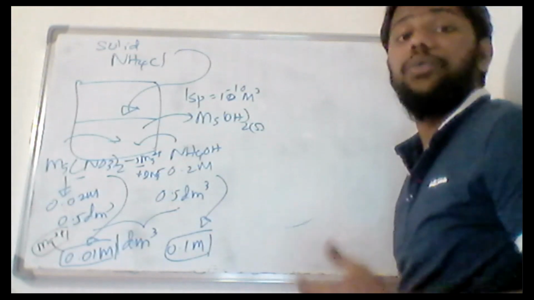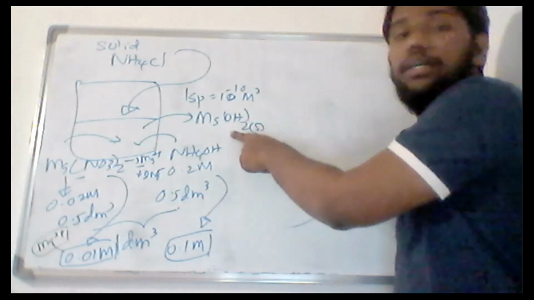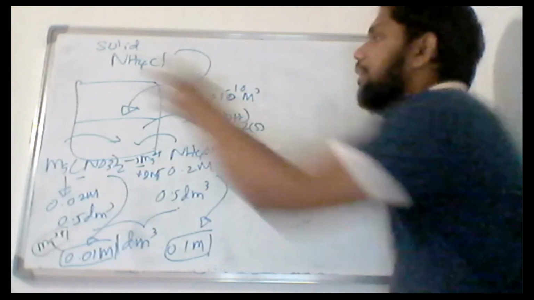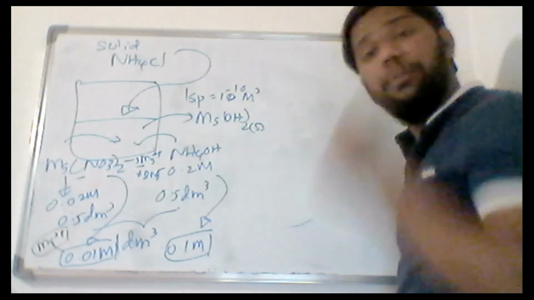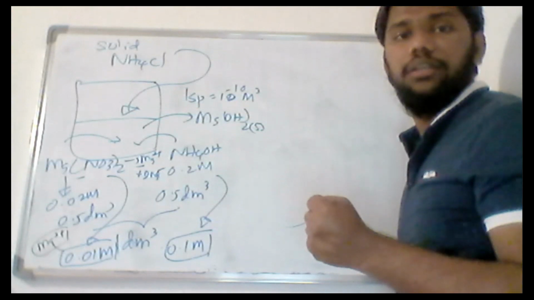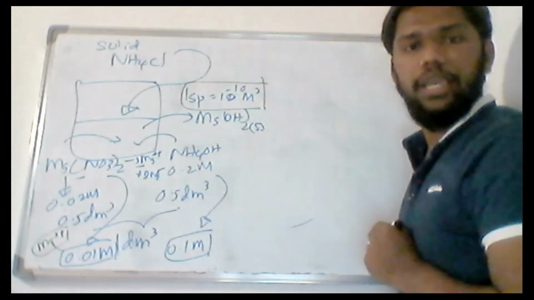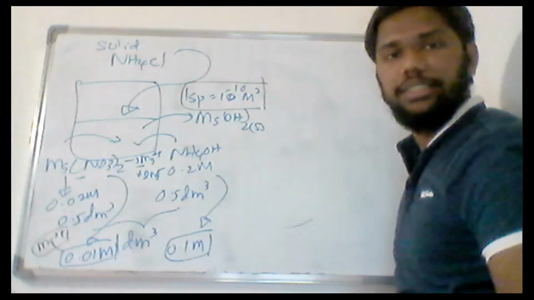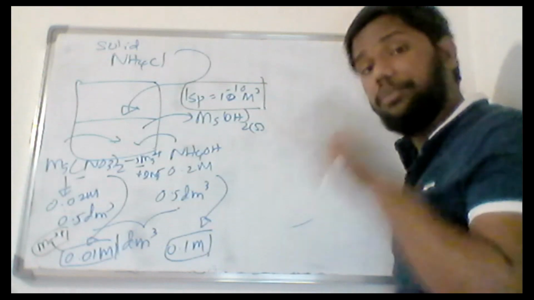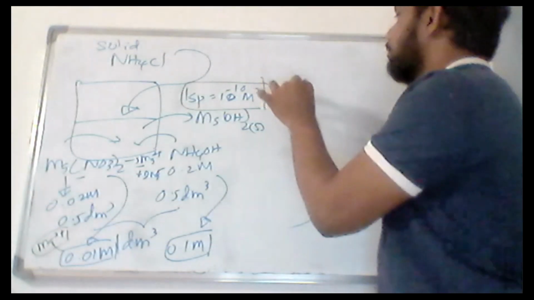So the first thing that you can do here is find the amount of OH minus that is necessarily needed in this medium to prevent the precipitation of magnesium hydroxide, because you know the Ksp value. You know the magnesium 2 plus concentration, so you can find how much OH minus concentration you need to prevent the precipitation.